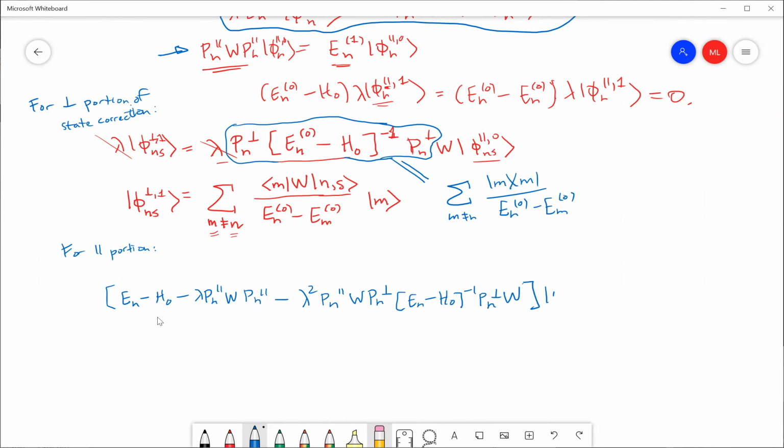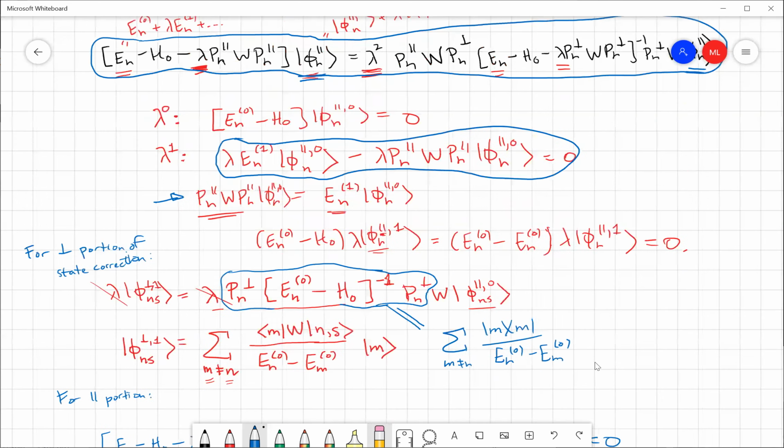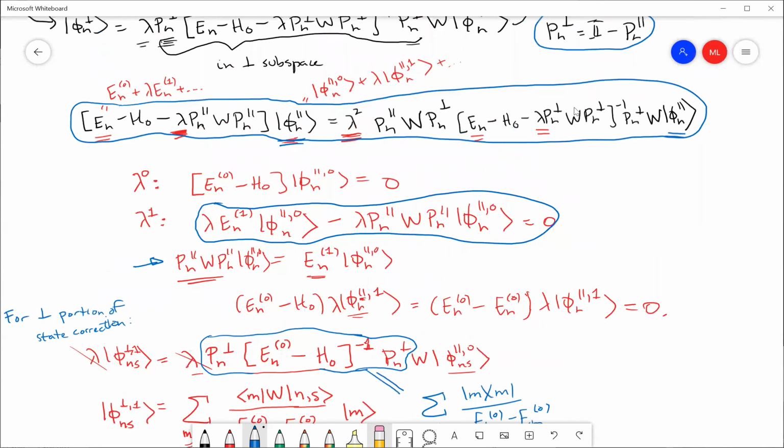Oh, this is acting on phi parallel. That's equal to 0. So I've just pulled that complicated term over to the other side, and I've also dropped this portion. Why did I drop it? Because if we look at it here, this is a lambda squared times lambda term. This is an inverse, of course, but if we start Taylor expanding this inverse operator, this term will only contribute to order lambda cubed, right?